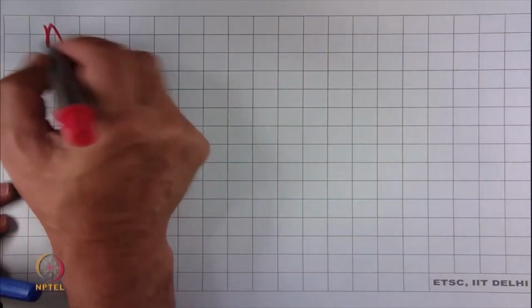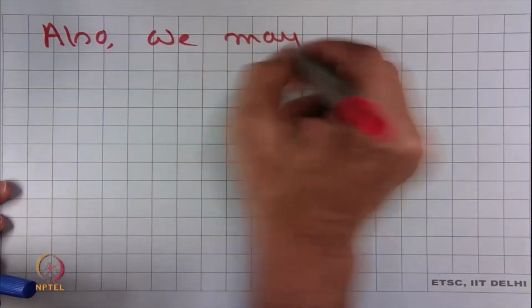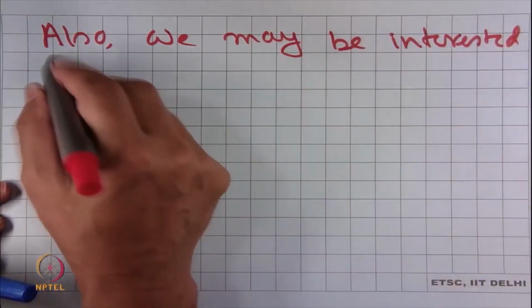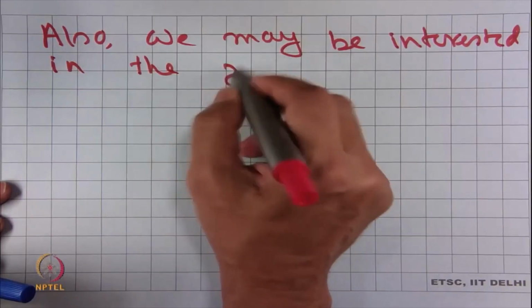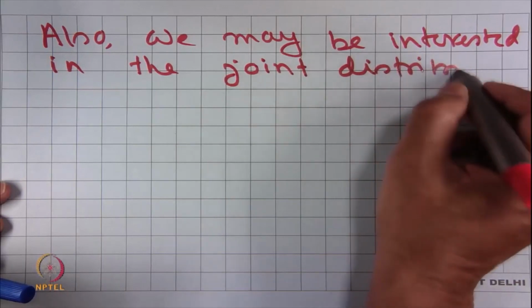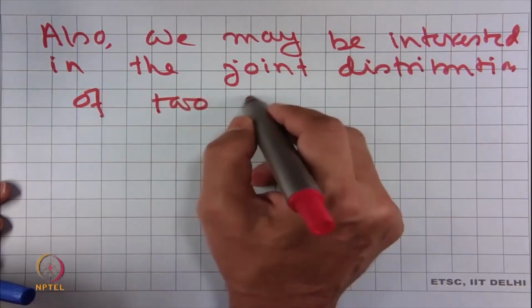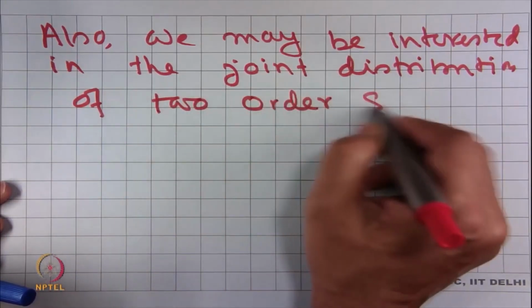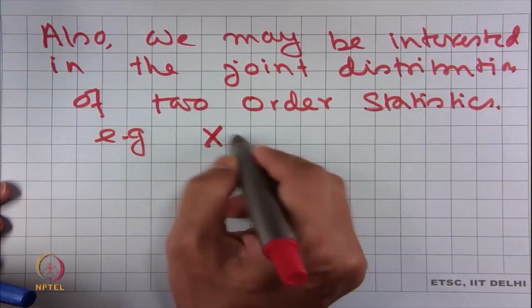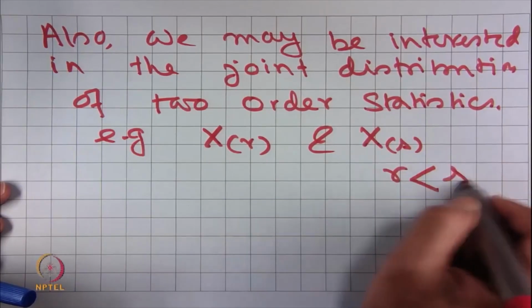Also, we may be interested in the joint distribution of two order statistics, e.g. Xr and Xs, where r is less than s.